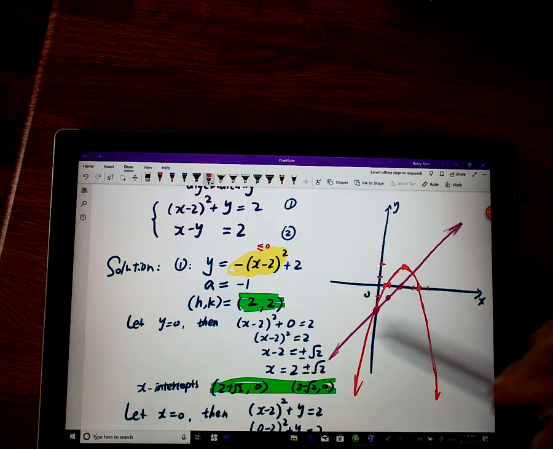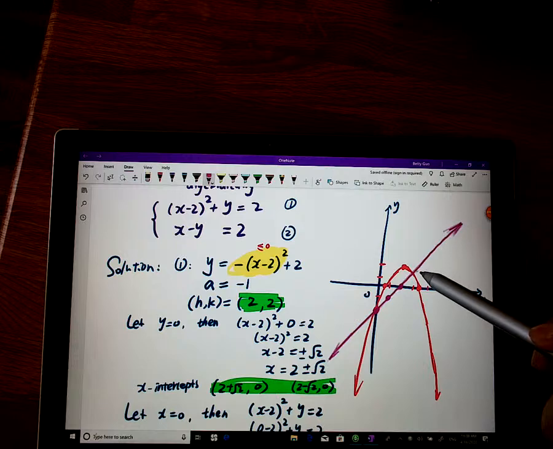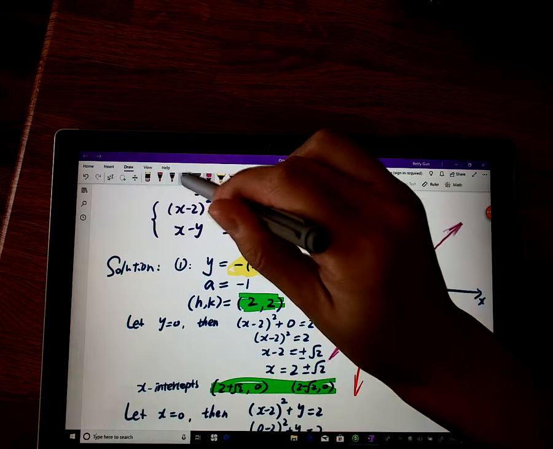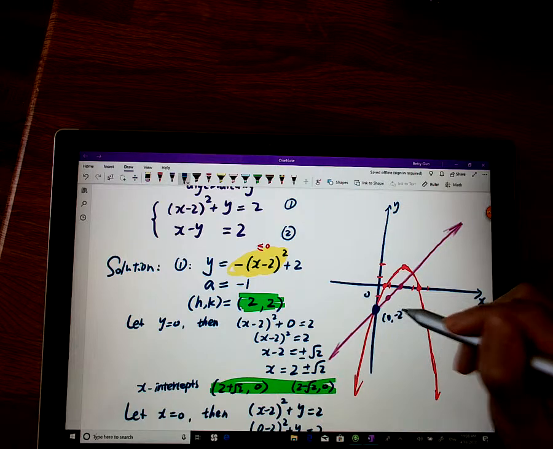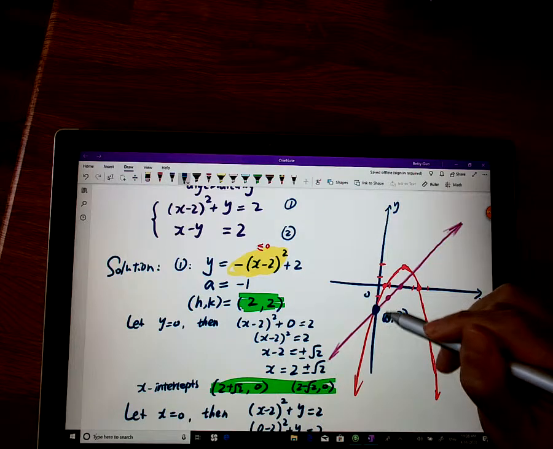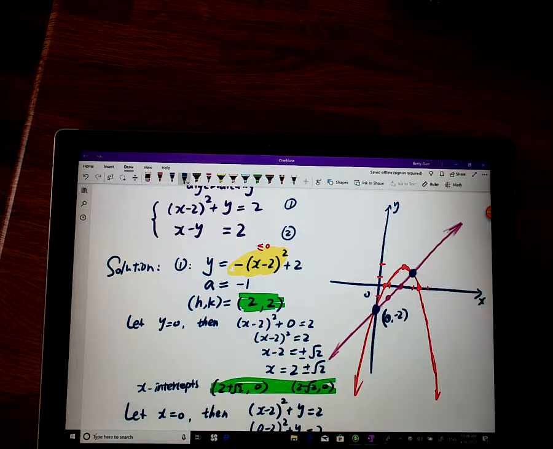Then we are looking for the intersections of the two graphs. How many intersections do we have? Yeah, we have 2, right? So this one is obviously 0, negative 2. They both have the same y-intercept. And then the other is this one.